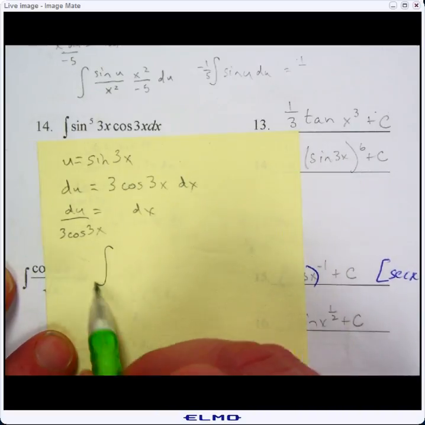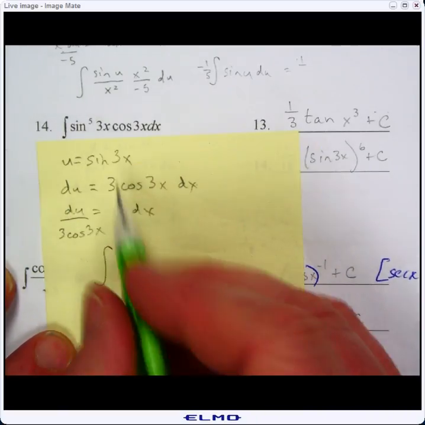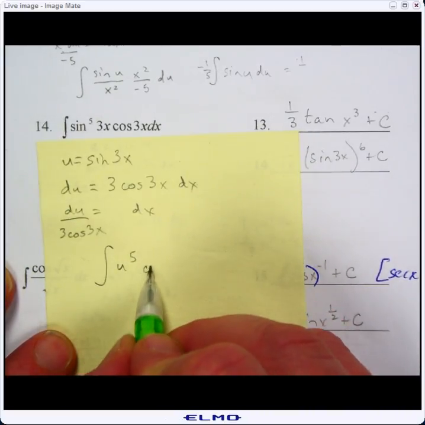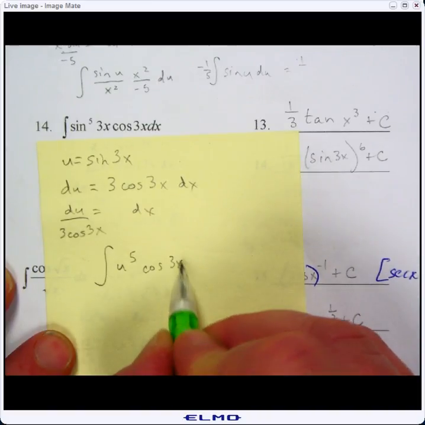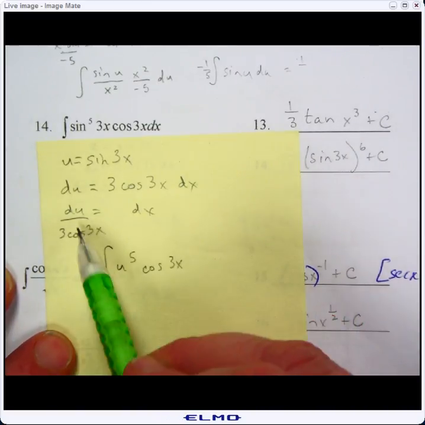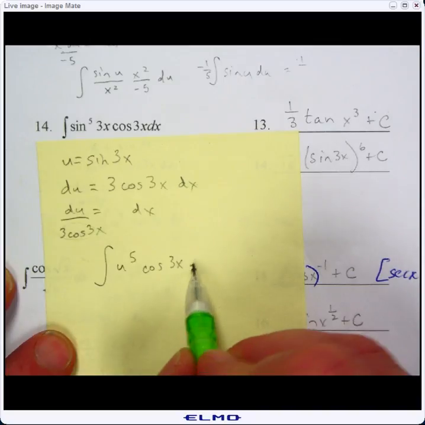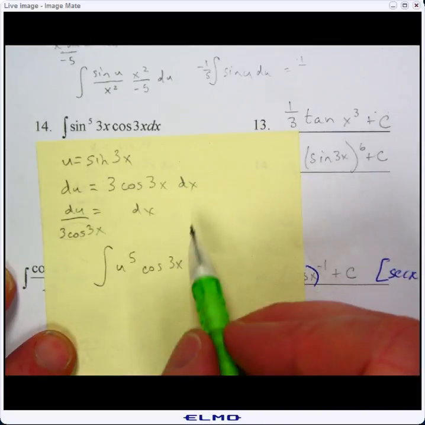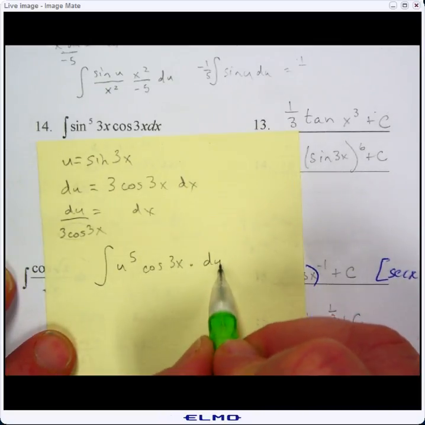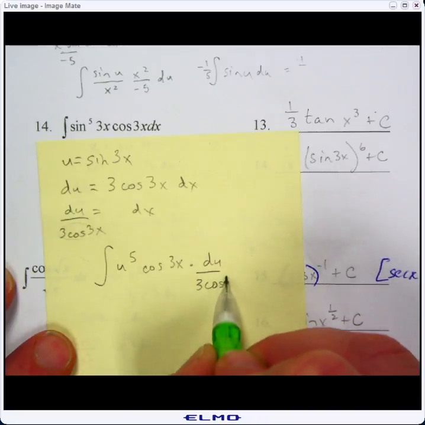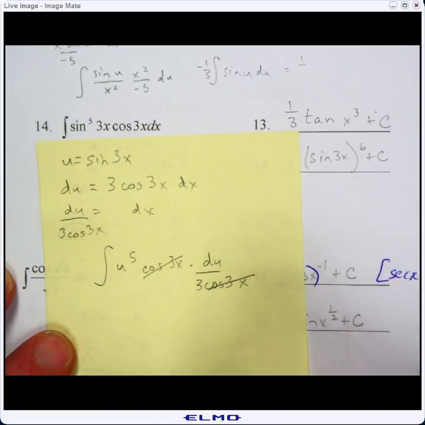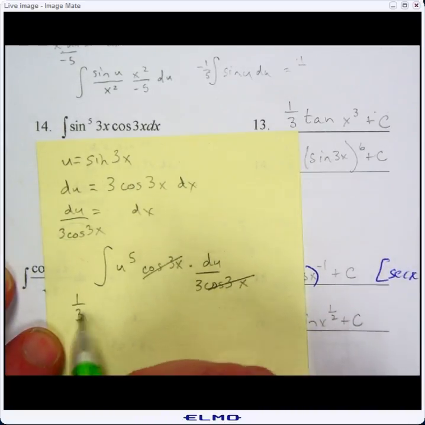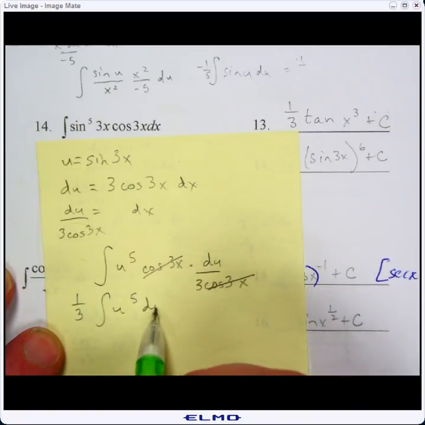Okay, integrate. So I have u to the 5th cosine 3x. Some of you are starting to see that you need to see that value here. Times dx, which is du over 3 cosine 3x. Boom, boom. 1/3 u to the 5th du.